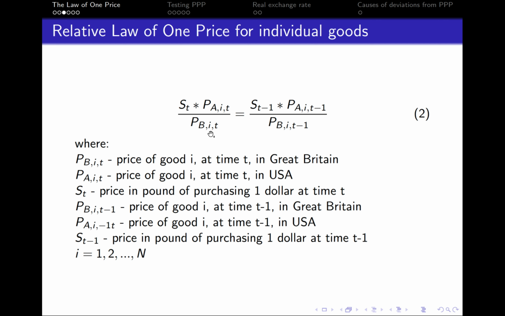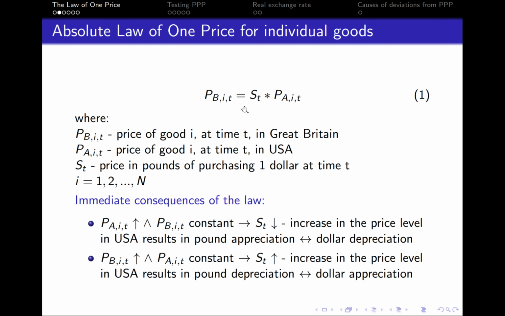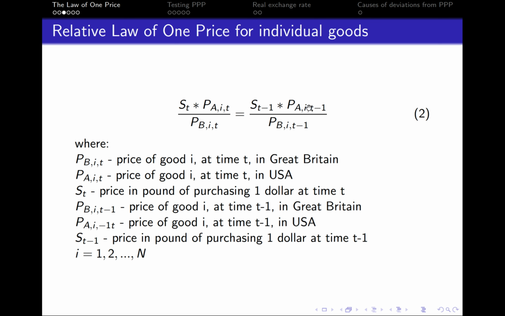And I could substitute this over here. But look, if I did the very same thing to the values in the previous period, so we are imagining now that here we have subscript t minus 1, we would also get 1. 1 equals 1, so both sides must be equal to one another.